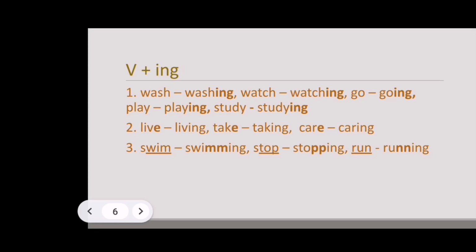Live, living, take, taking, care, caring, without this last letter. And the last line shows us that if there is the combination of three letters, consonant, vowel and consonant, in one syllable verbs, then we should double the last letter. Swim, swimming, stop, stopping, run, running.